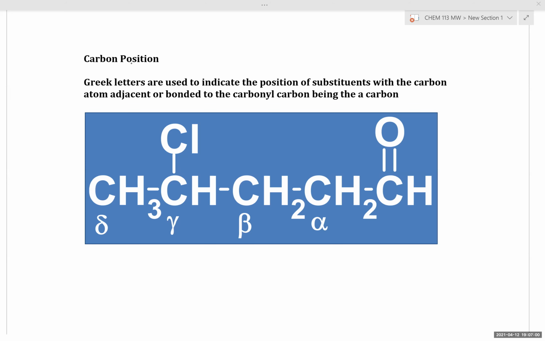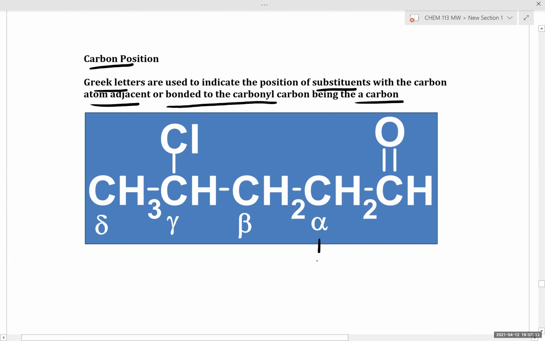For carbon position, Greek letters are used to indicate the position of substituents, with a carbon atom adjacent or bonded to the carbonyl carbon being labeled as the alpha carbon. So alpha, followed by beta, gamma, and delta. This nomenclature is used to refer to carbon positions relative to a carbonyl.